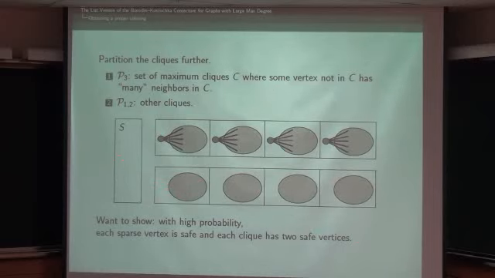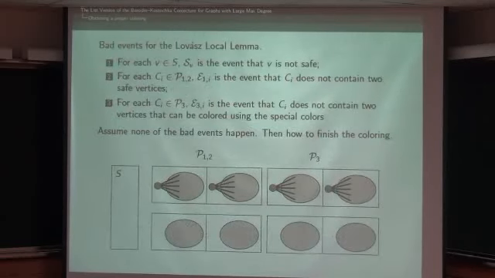So after we partition this, we want to say each sparse vertex is safe, and each clique has 2 safe vertices. Right? So how do we force that? The way we force it is we use the local lemma. We say, well, you have this part S, that's a set of sparse vertices.